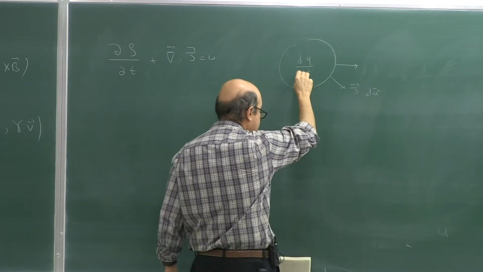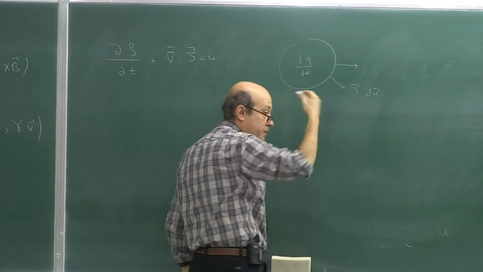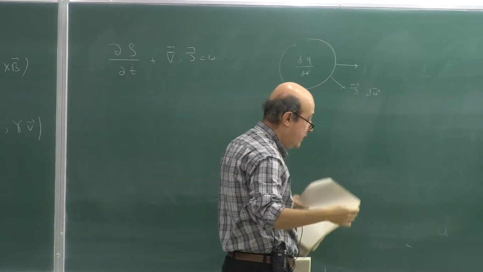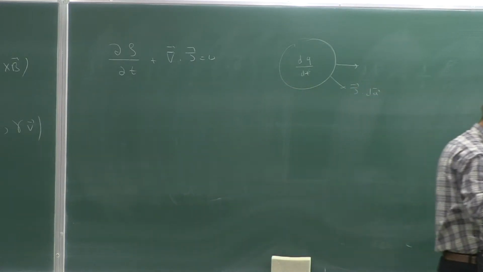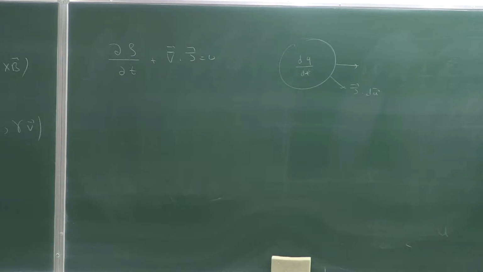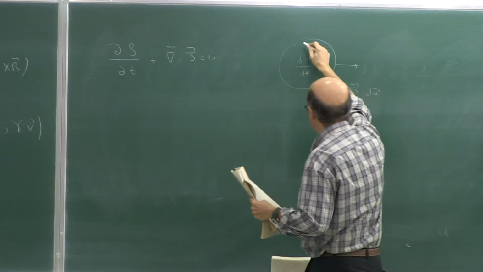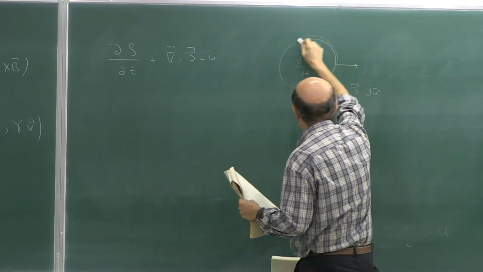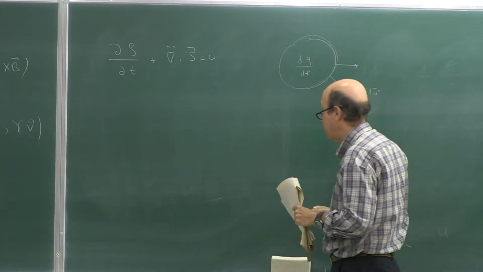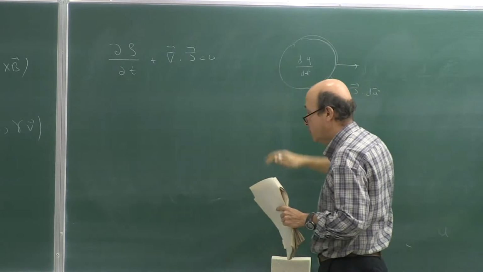So if there is a total charge Q here and it is decreasing in time, there should be a current flux through the closed surface.